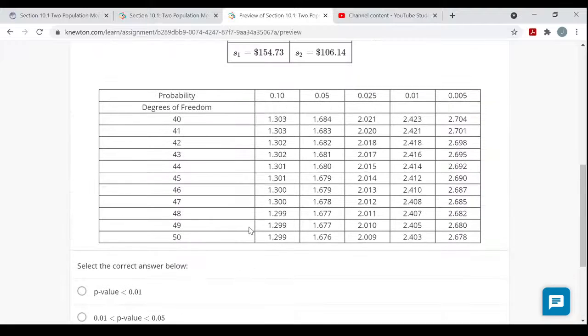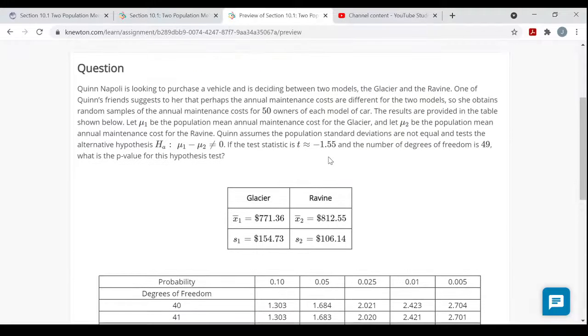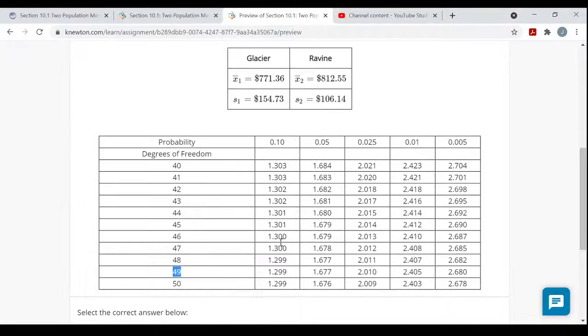Now if you were to use the table, we were looking at a t-distribution with 49 degrees of freedom. So it's this row here. And our test statistic was negative 1.55, but these are all positive values. So let's look at where positive 1.55 would fall. Let's see, I got 1.299, 1.677. 1.55 would be between these two.